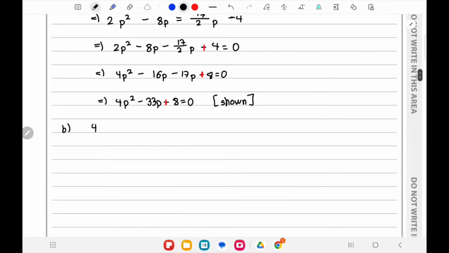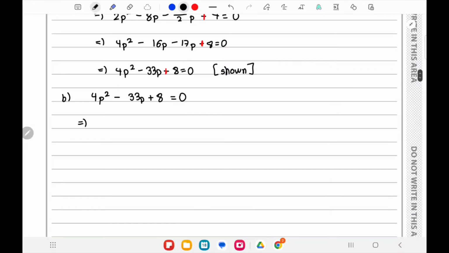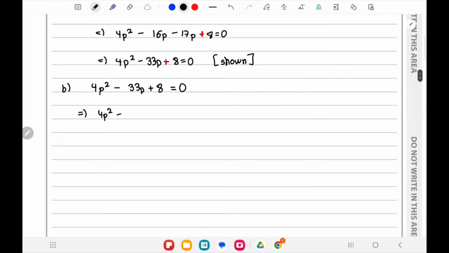So in part B, we can just solve 4p squared minus 33p minus 8 equals 0. 4 into 8 is 32. So we can write the middle term, minus 33p, as minus 32p minus p, plus 8 equals 0.